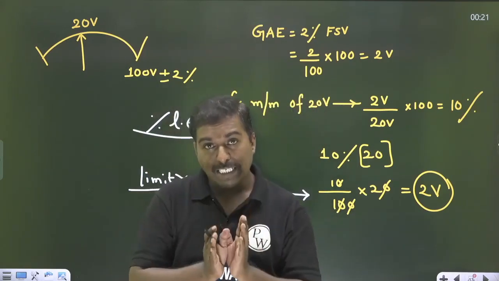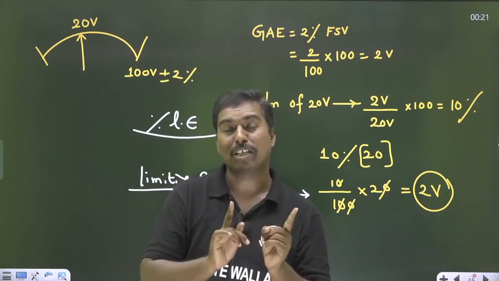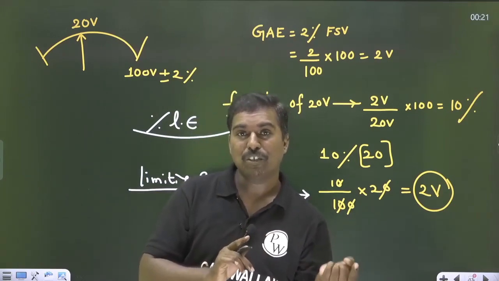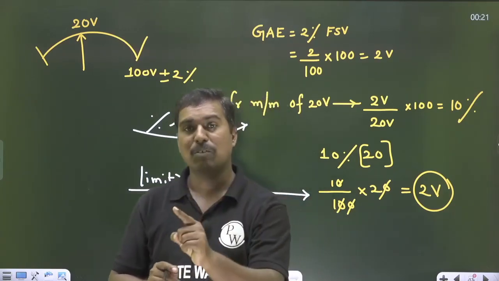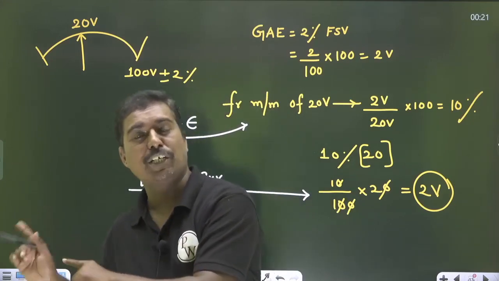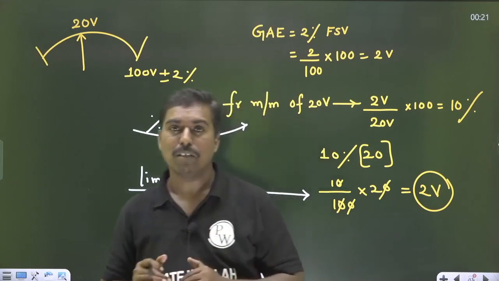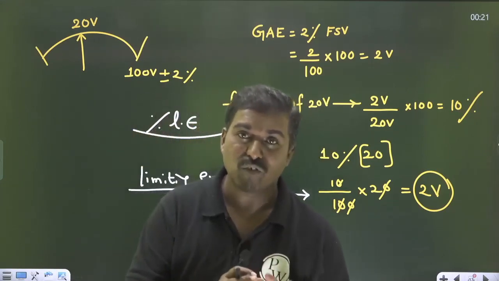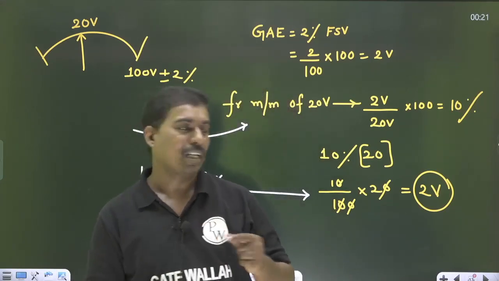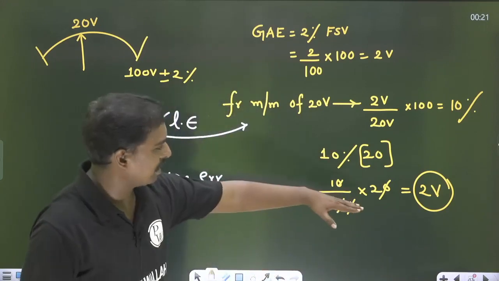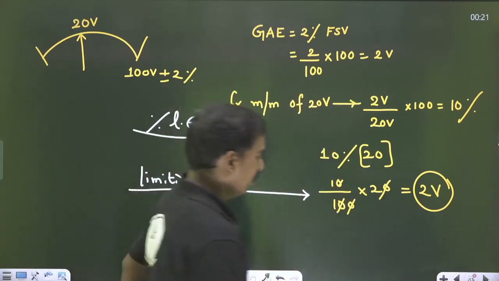But the percentage of limiting error is not the same. If you are measuring 10 volts, 20 volts, 30 volts, 50 volts, 80 volts, 100 volts, the guaranteed accuracy error will be the same. Percentage of limiting error will be varying, but the limiting error remains constant.